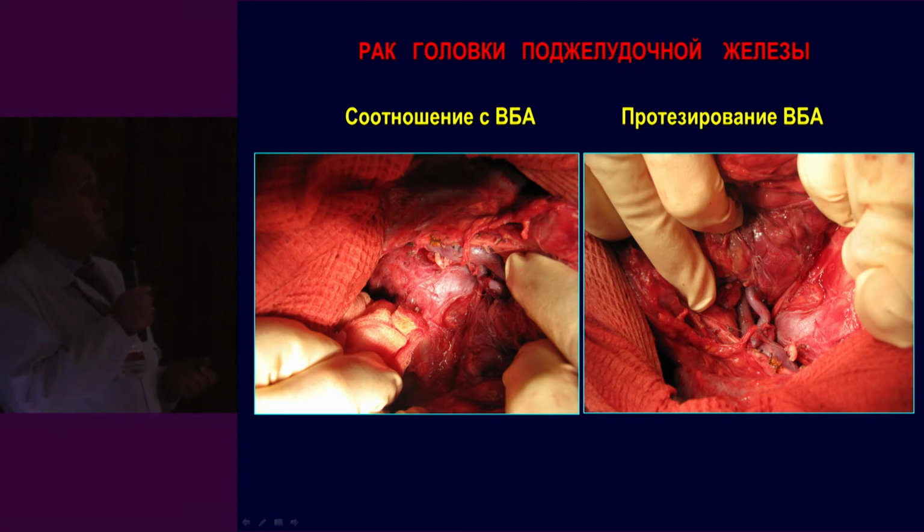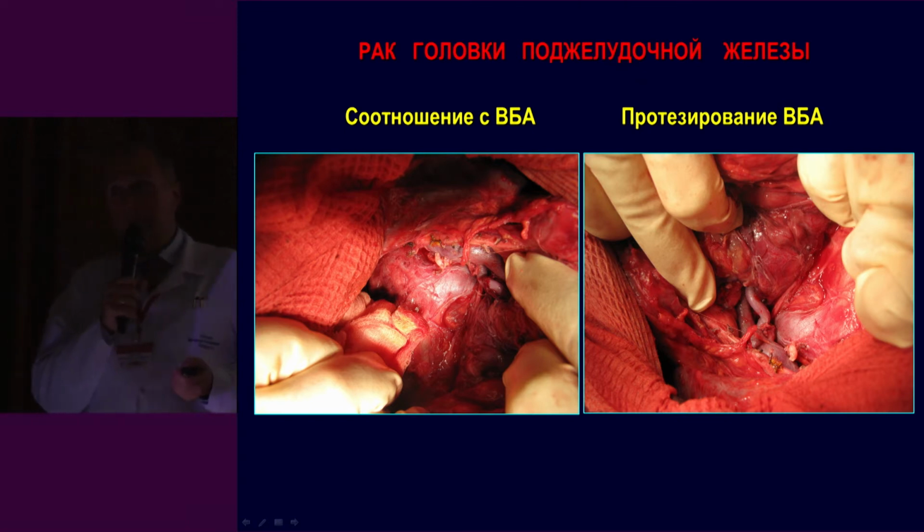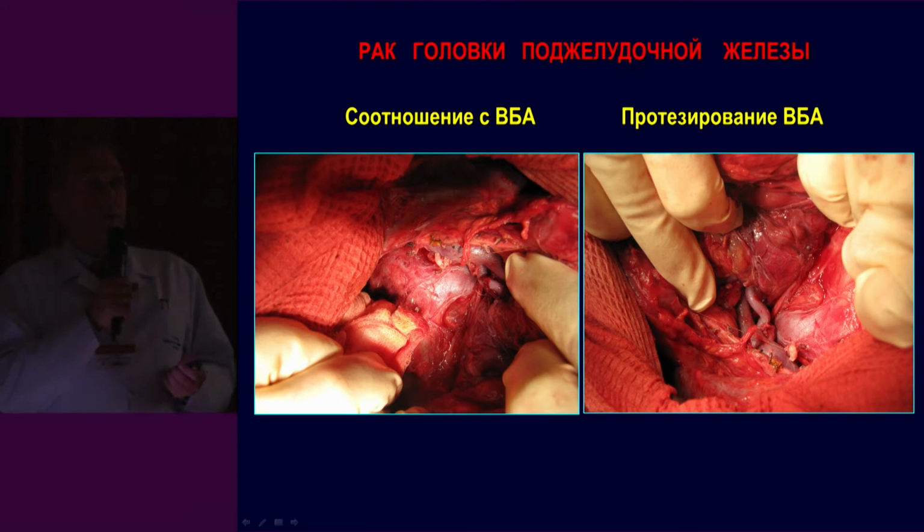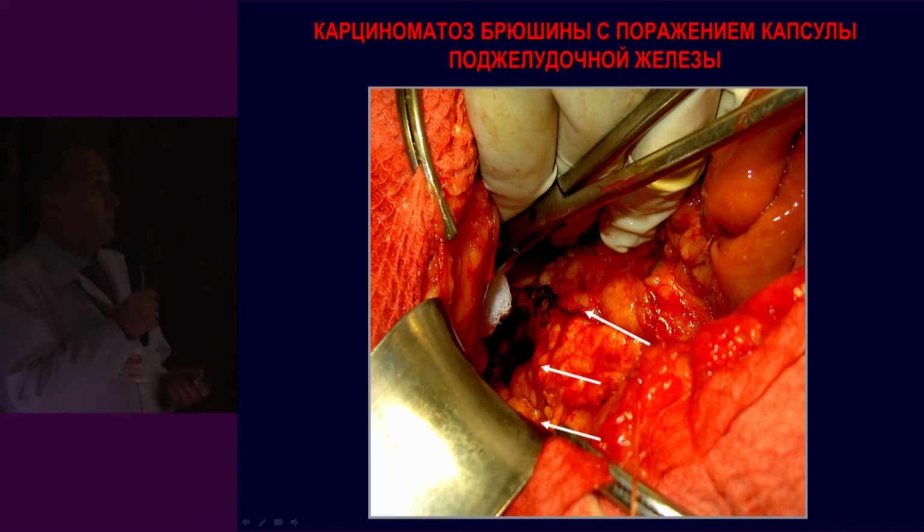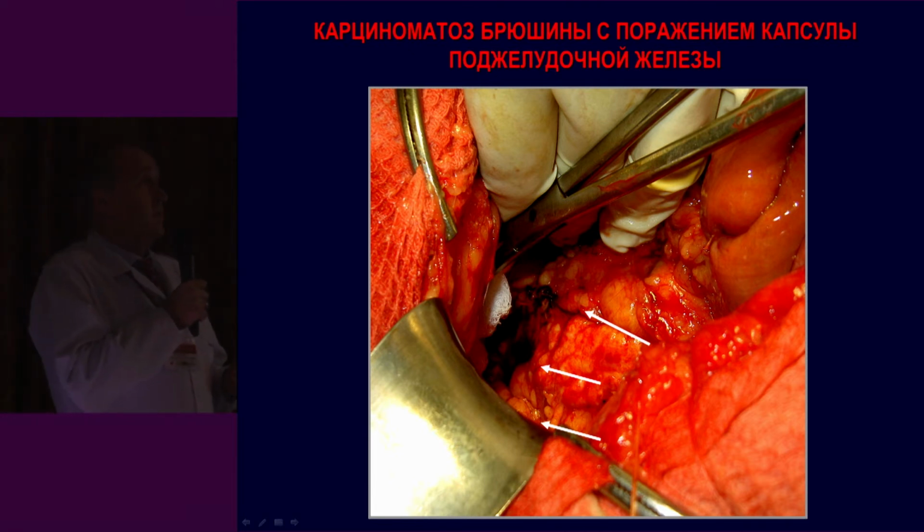You can see how difficult it is to, first of all, understand the relation of the tumor to the superior mesenteric artery. And we have even the technique that allows us to do the prosthesis of this artery.